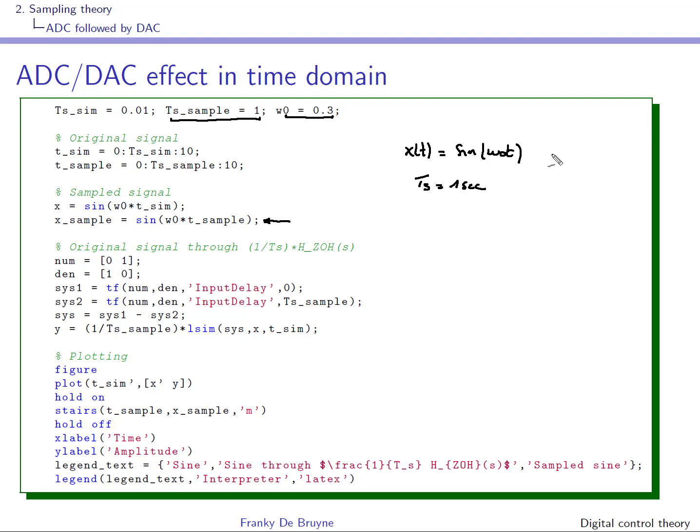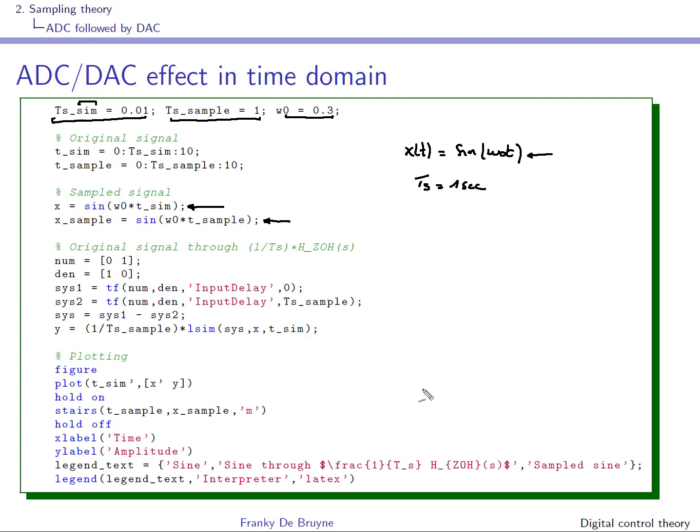I also want to represent this signal, which is really continuous time, but we have to represent it in Matlab, so we also need to sample it just for representation. So I'll take a sampling period for simulation that is of course much smaller than the actual sampling period. This is going to represent the actual signal x of t, and when we look at the curves, it will look almost as if it is really a continuous time signal.